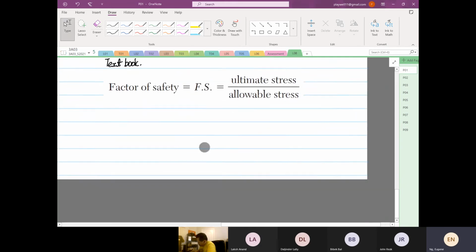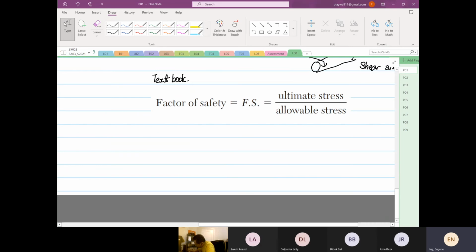Generally, if you are working with a brittle material, your factor of safety will be equal to ultimate divided by allowable stresses.